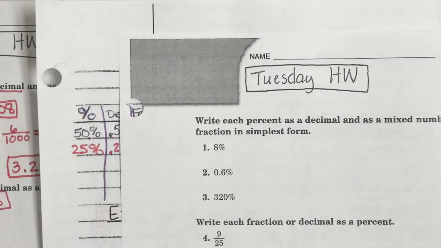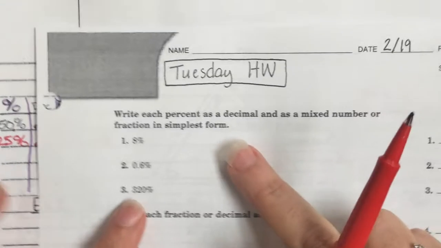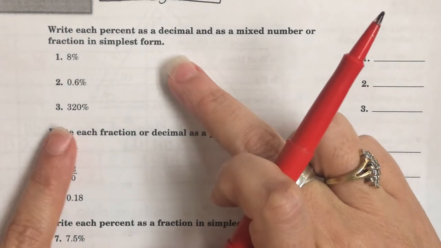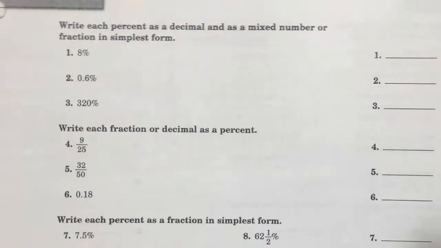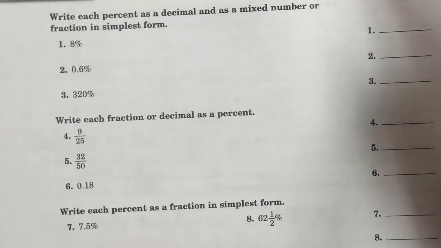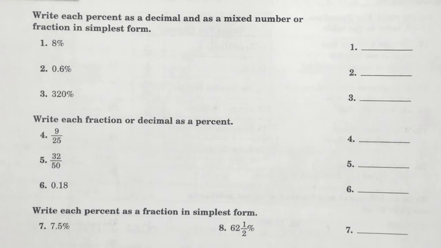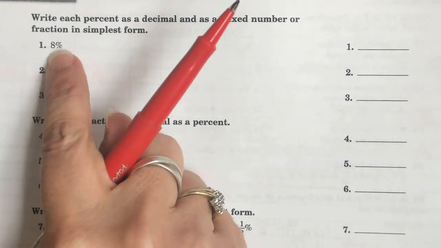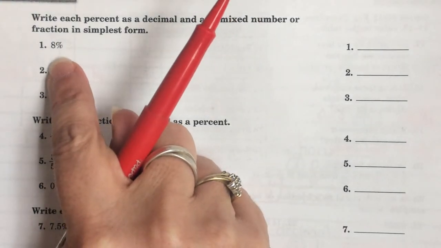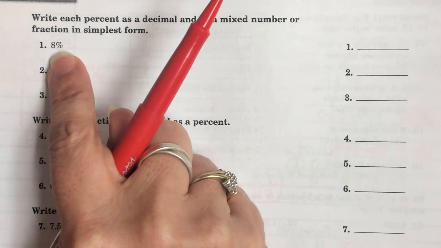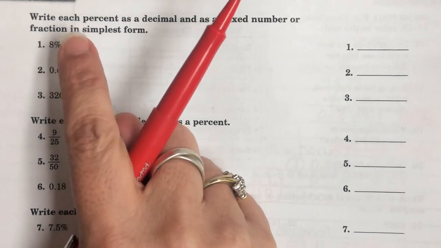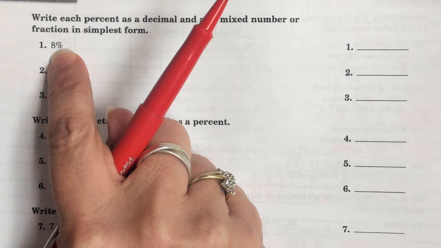So, here we go. The first part says, we're going to write each percent as a decimal and as a mixed number or fraction in simplest form. So, they basically want it all three ways. They gave us a percent. Whenever I see a percent, because that percent sign is behind it, think of it as 8 over 100.